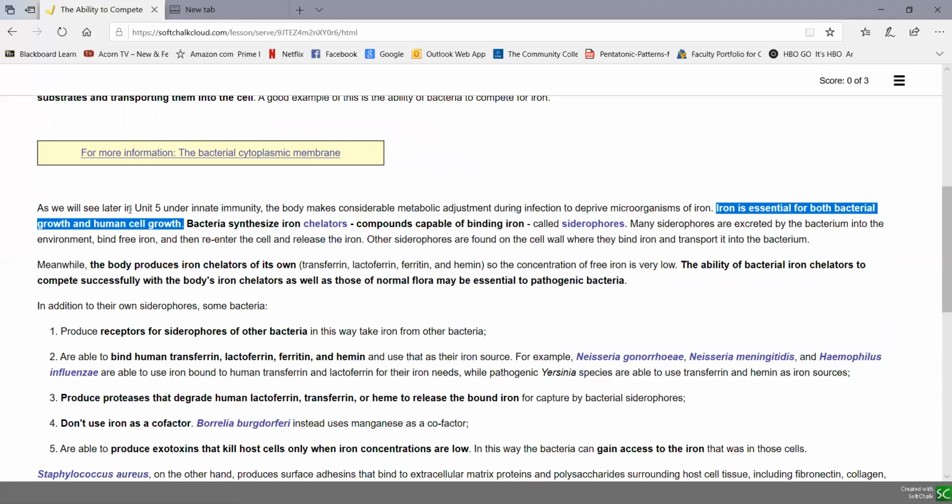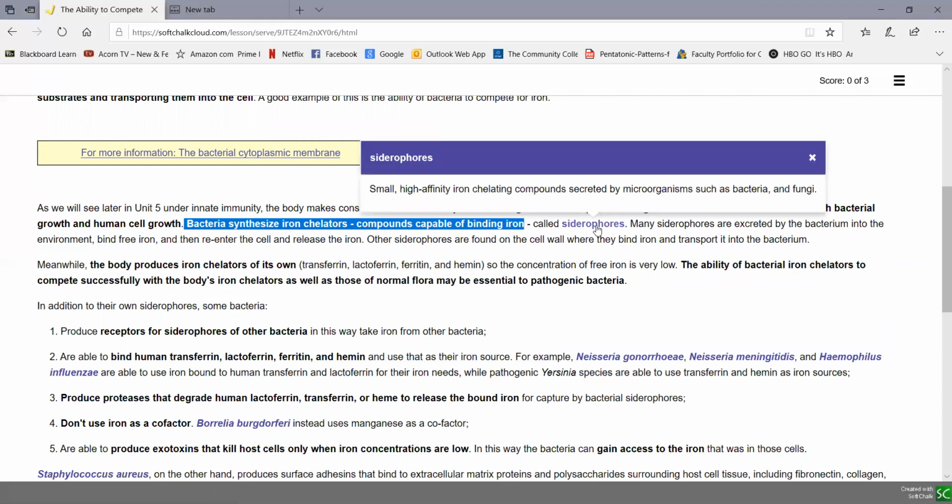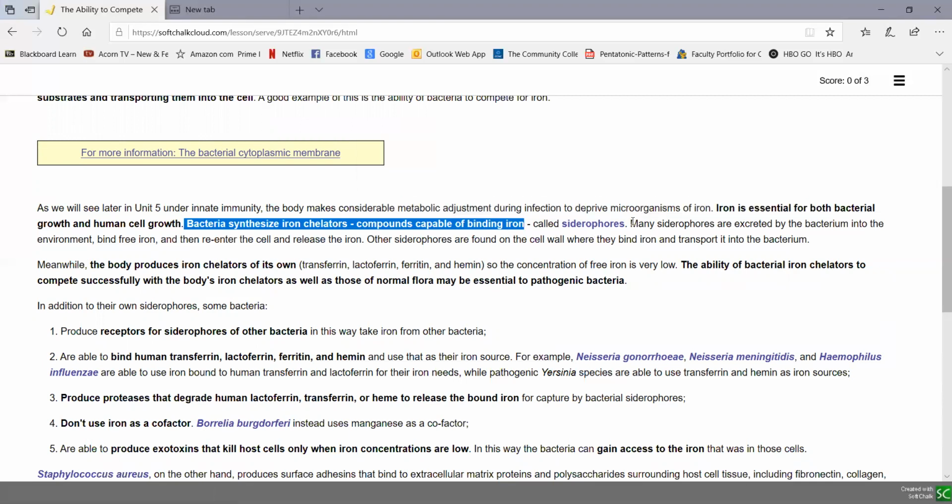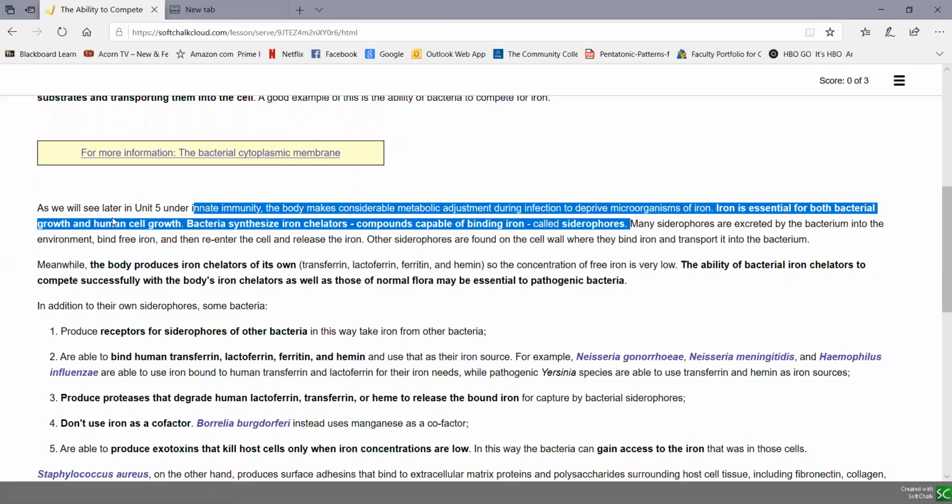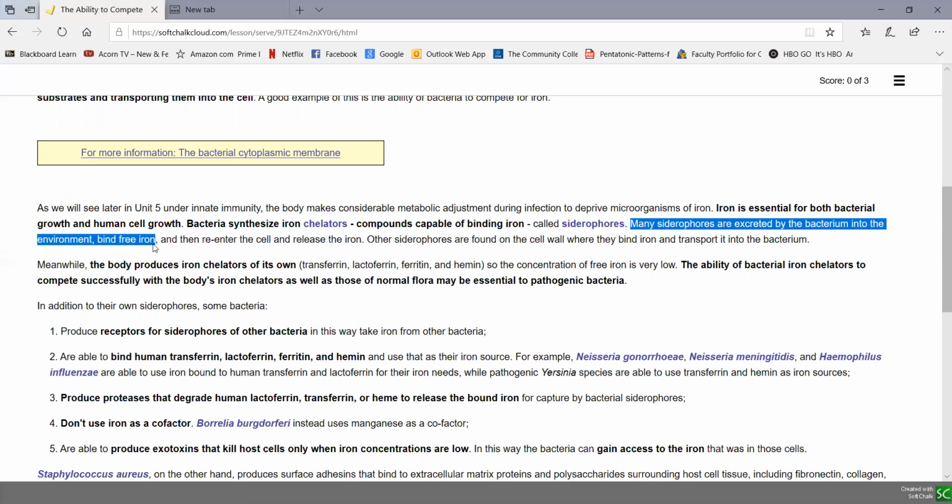So bacteria synthesize what are called iron chelators. And an iron chelator is a compound that's able to bind iron. And in bacteria, those iron chelators or iron binding compounds are called siderophores. Many of the siderophores are excreted by bacteria into the environment where they bind free iron.